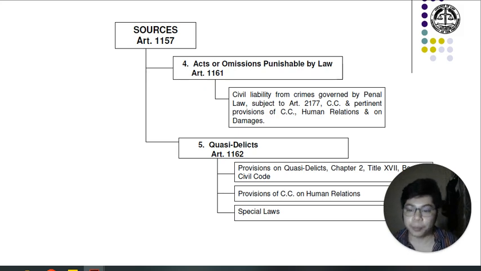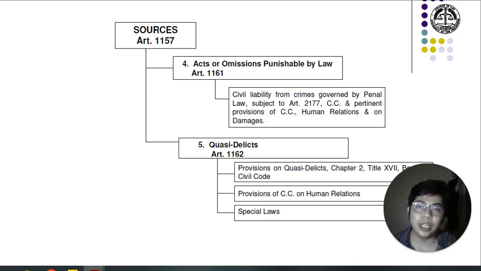But if the law merely recognizes the existence of an obligation generated by an act which may constitute a contract, quasi-contract, delict, or quasi-delict, so that the law's only purpose is to regulate such obligation, then we say that it is the act itself that is the source of obligation and not the law. You can read that in Jurado's book.